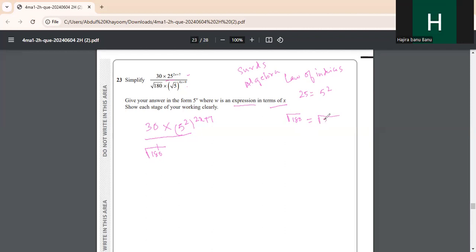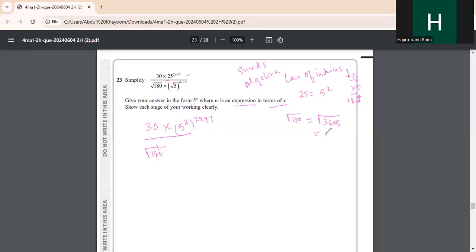Can I write it as 36 times 5? Okay, let me do it. 36 times 5: 5 times 6 is 30, 0 carry 3, 5 times 3 is 15, 180. So 36 times 5 I can write.